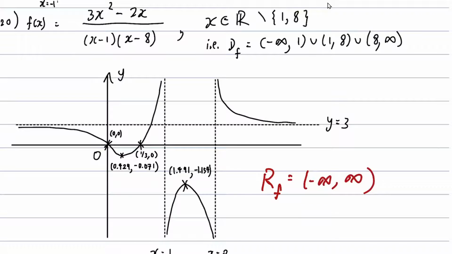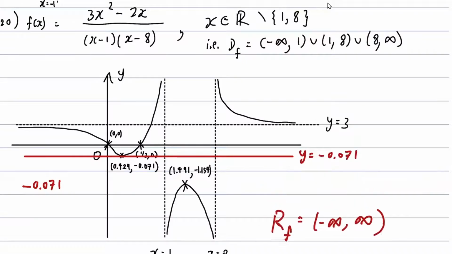Wrong. You know why? Notice over here, turning point 0.429 comma negative 0.071. Here is 1.491 comma negative 1.54. Negative 0.071 is maybe this line over here. I draw in red.